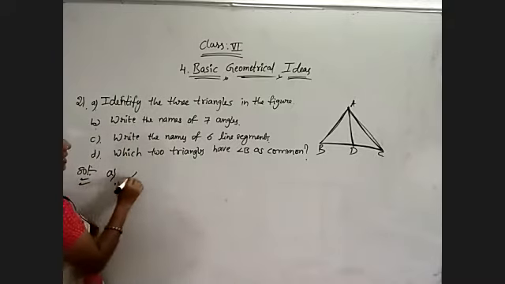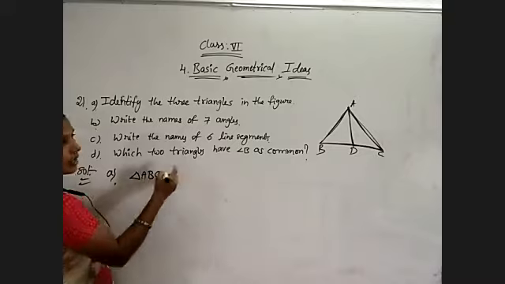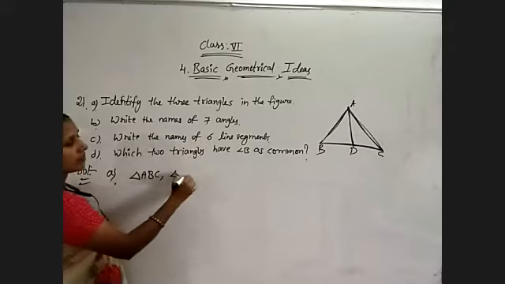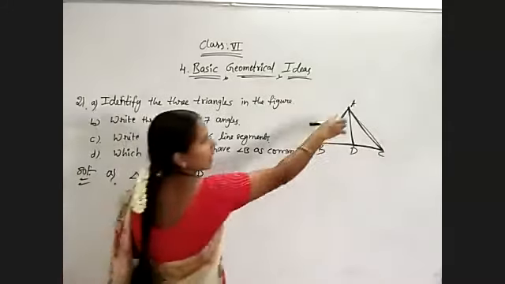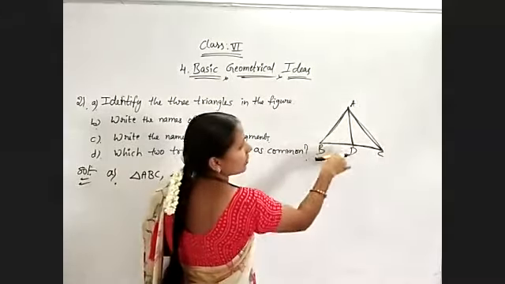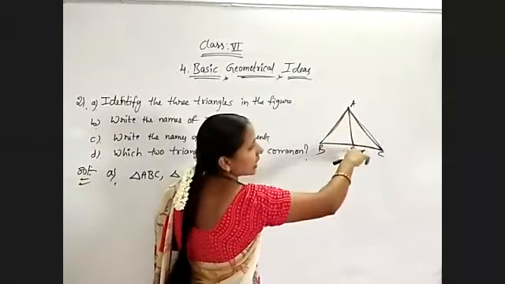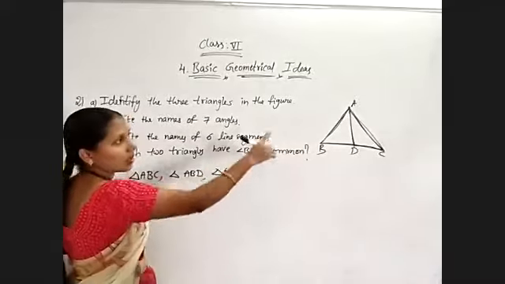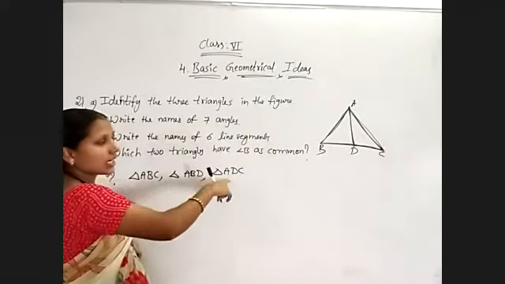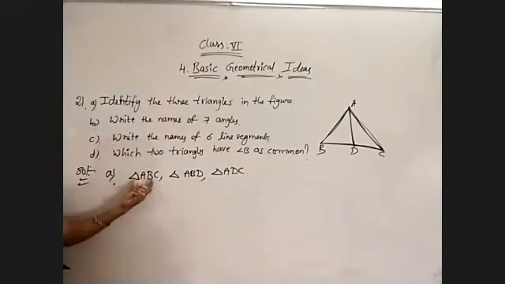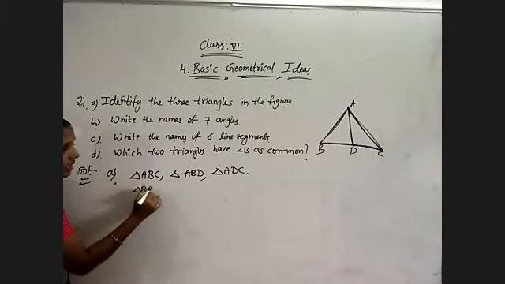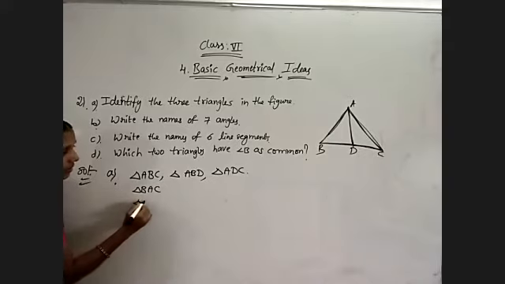So my first triangle is triangle ABC. Just observe, any 3 letters. And now triangle ABD. Now ABD finished, ABC also finished. Go through with AD now. Triangle ADC, and if you go the last way, ACD. ACD and ADC are both the same. We can write a triangle in 3 ways: triangle ABC, or triangle BAC, or triangle BCA.